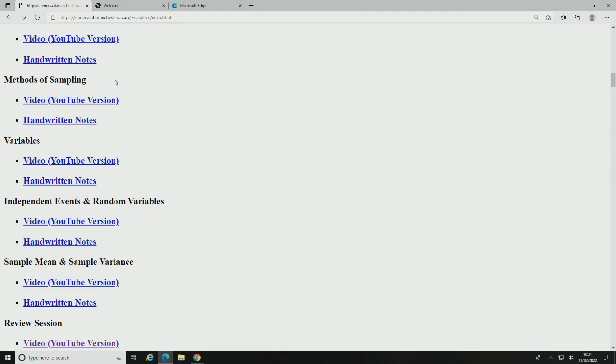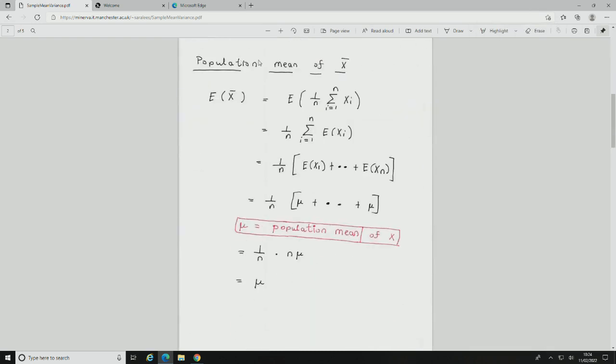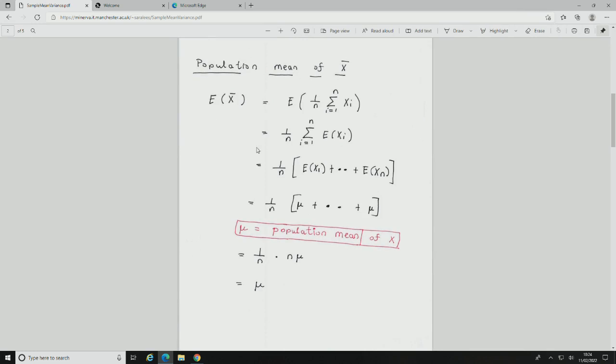I'm going to use the formula that I just showed you to find the expected value of the sample mean. I will use the formula at the bottom, which says that the expectation of X bar is equal to mu, where mu is the population mean of X. So the first thing we need to work out is what mu is.